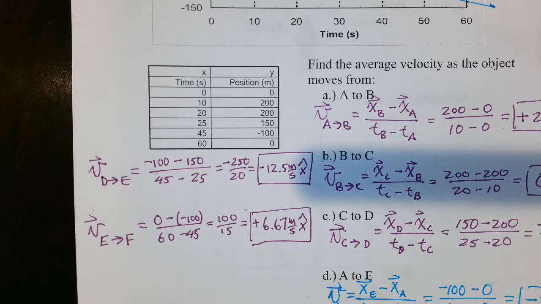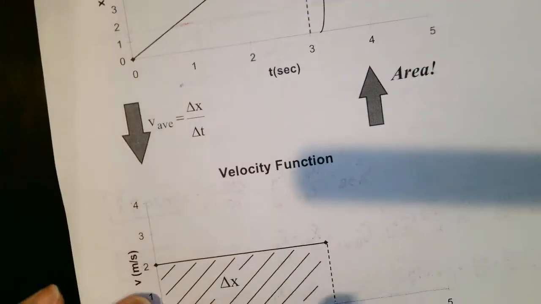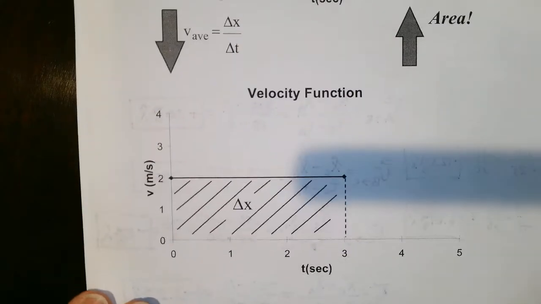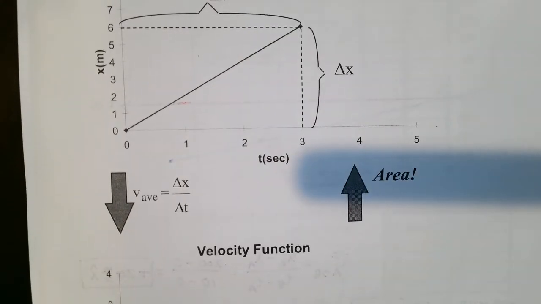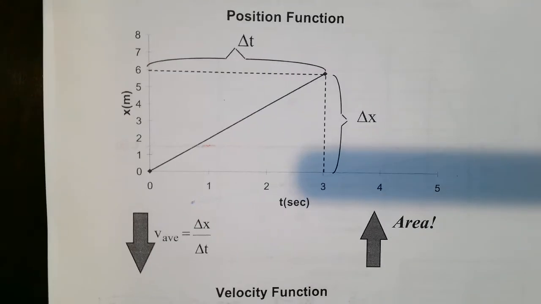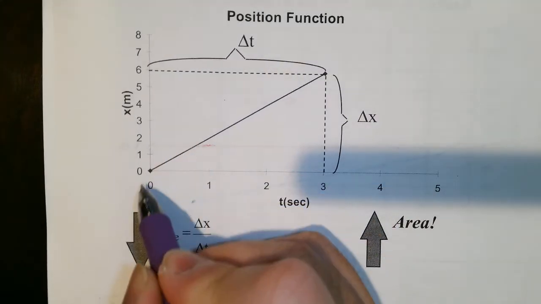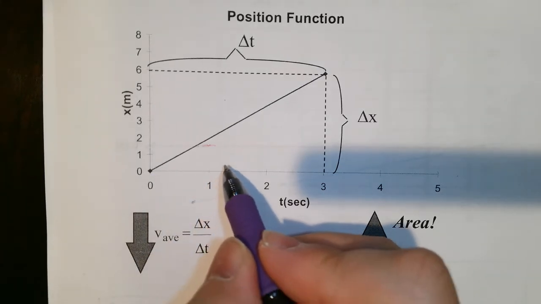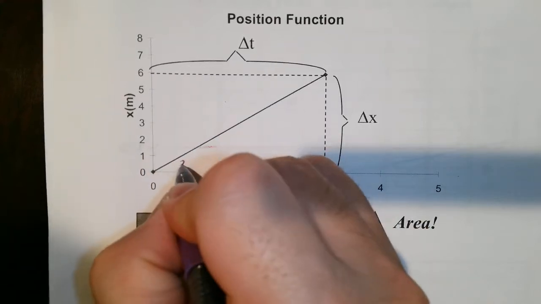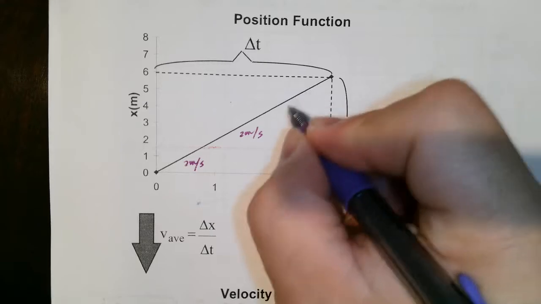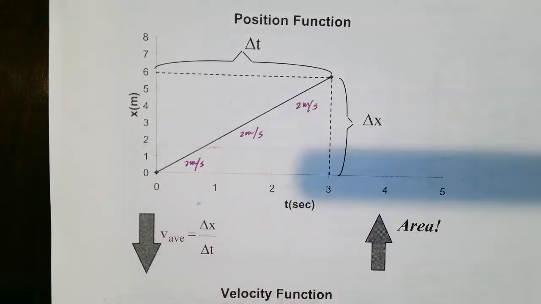All right? Well, we can now actually graph a velocity versus time graph using the same idea. So if we were to graph this position versus time and find the velocity between 0 and 1, and then 1 and 2, this looks like 2 meters per second, this looks like 2 meters per second, and this looks like 2 meters per second.